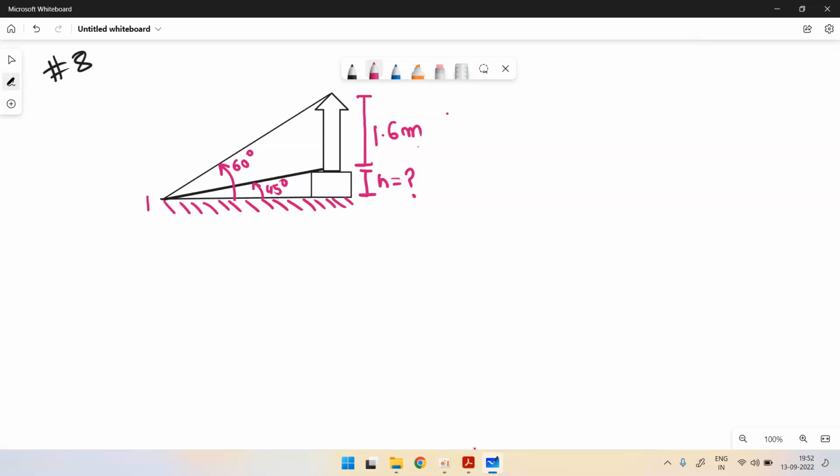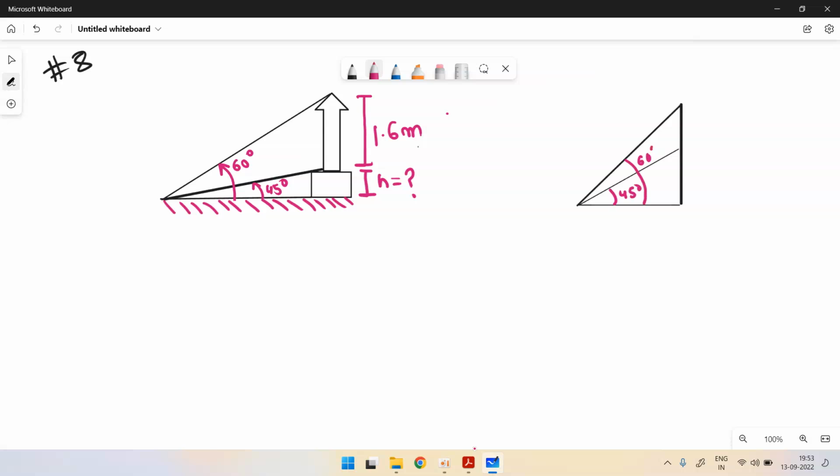So if you draw the simple diagram of this, it's nothing but a simple triangle. This is given to be 45 degrees, this is 60 degrees.